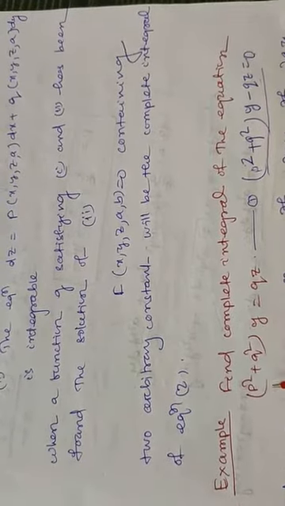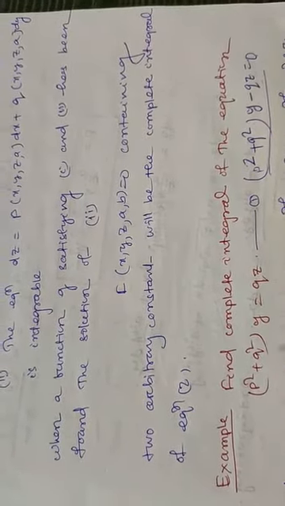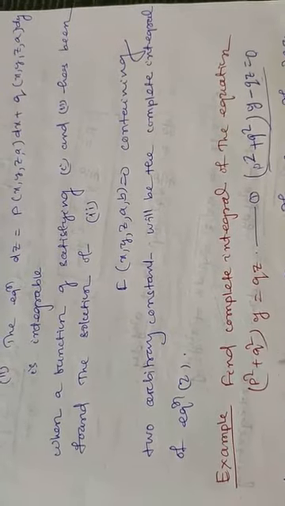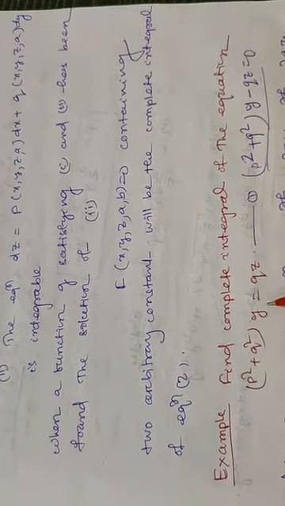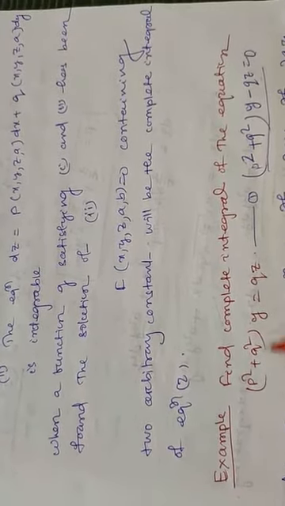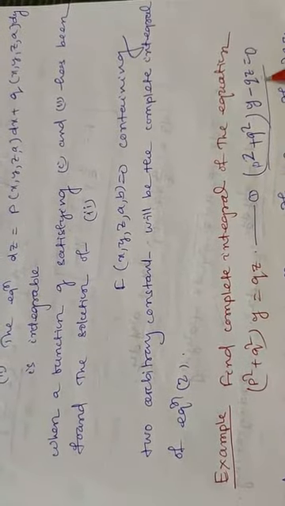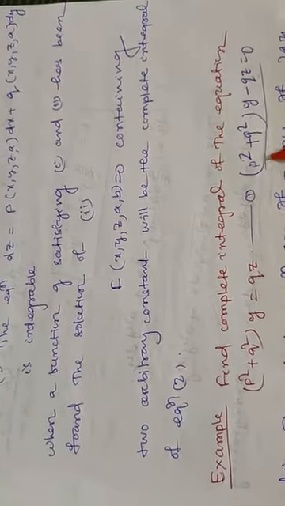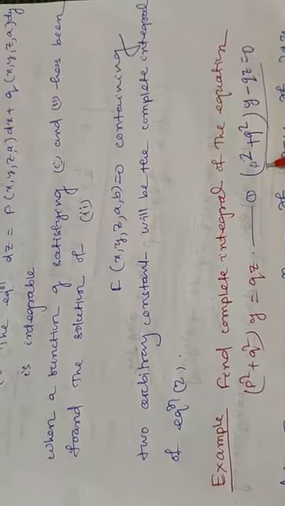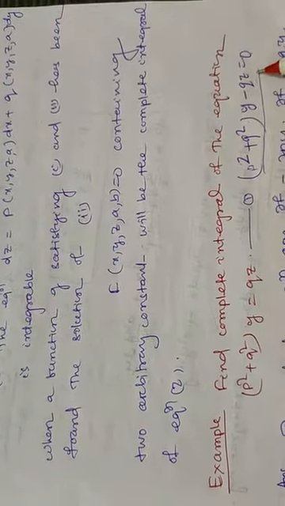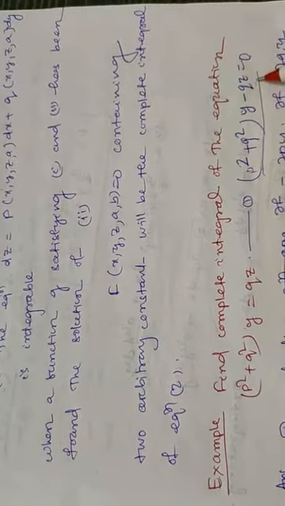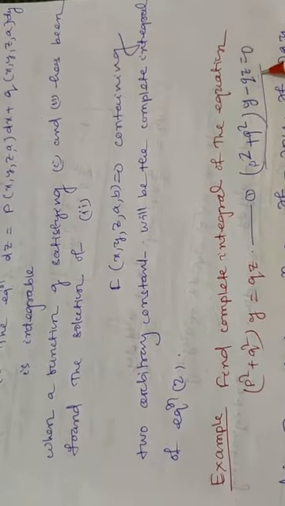So it is a first order nonlinear PDE. So we will apply Charpit method. To find the solution by Charpit method, we need to find the derivative of this f with respect to x, derivative of f with respect to y, derivative of f with respect to z, derivative of f with respect to p, and derivative of f with respect to q.